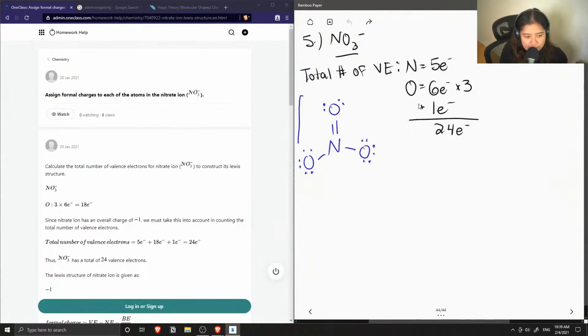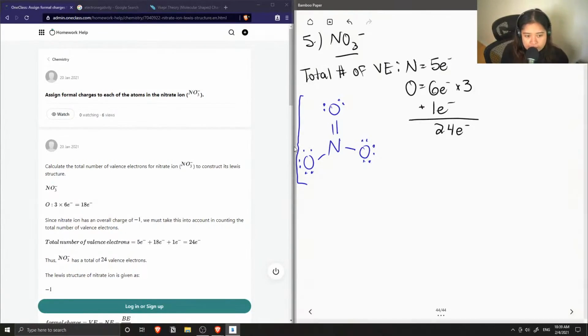Okay, anyways, we have our first Lewis structure, but we also need to assign the formal charges of each of these atoms.